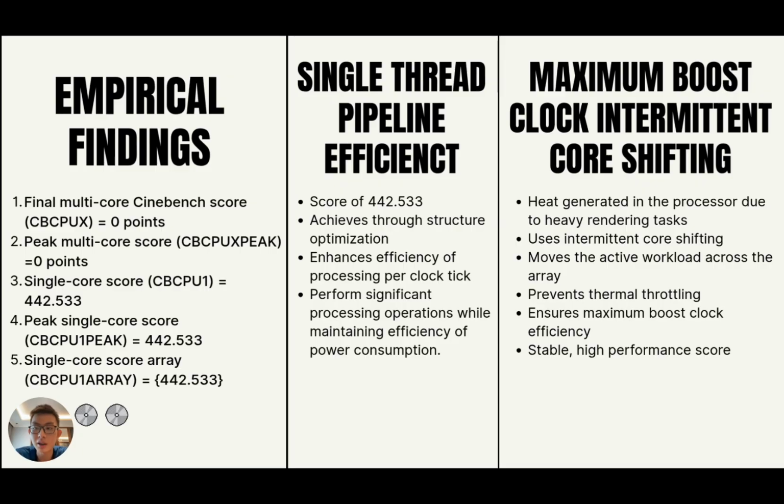By seamlessly transferring the execution thread to a cooler core just as the active core approaches its thermal limit, the system effectively prevents thermal throttling and allows the processor to sustain maximum boost clock frequency throughout the entire duration of the test. This resulted in a stable, high performance score which is generated in Cinebench.